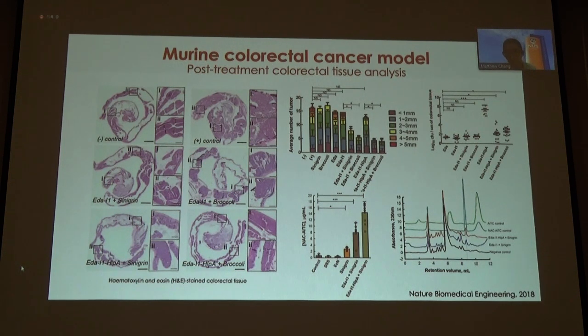In a span of 14 weeks, using this H&E staining assay and some other assays listed on this slide, we confirmed that a significant portion of colon cancer got eradicated by our microbes.